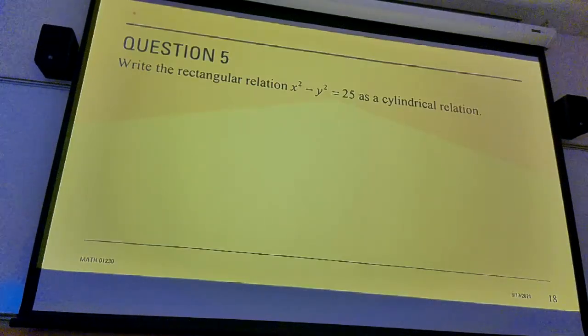Would be x over 5. You don't care about that right now. Okay. Let's care about what is x in cylindrical. R cosine theta. What is y? R sine theta. What would 25 be in cylindrical? 25. Just 25.